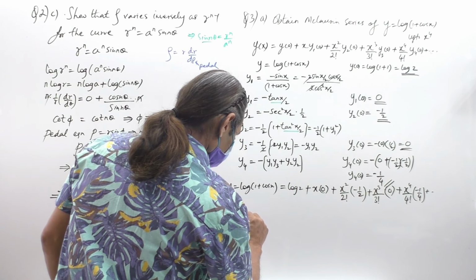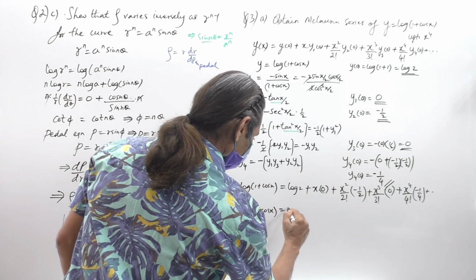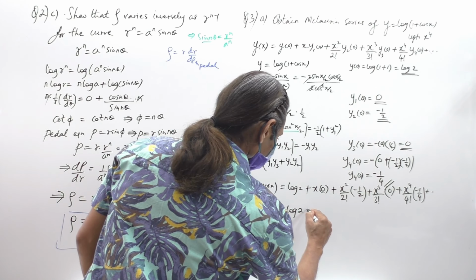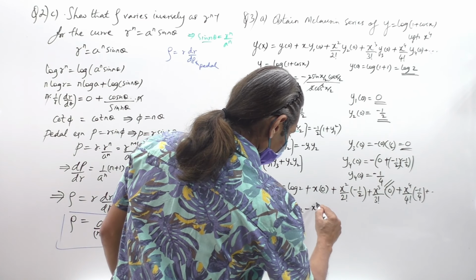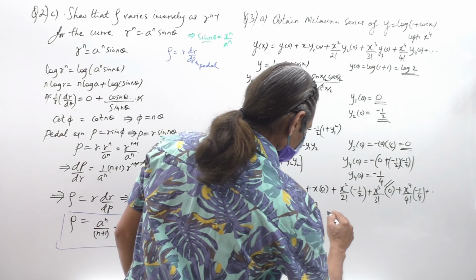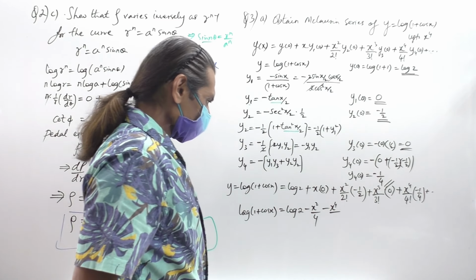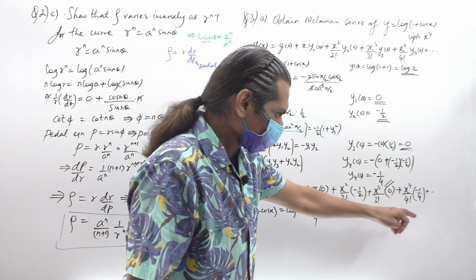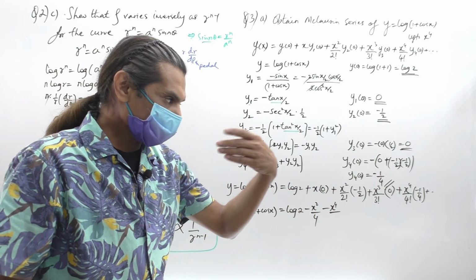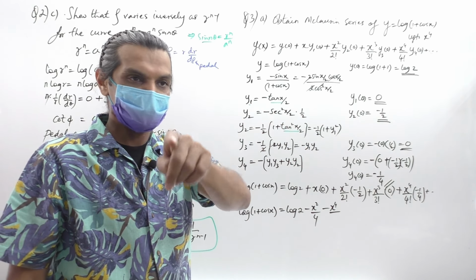So log of 1 plus cos x is equal to log 2. Here 2 factorial is 2, minus x square by 4, and lastly minus x raised to 4 by, 4 factorial is how much? 24. 24 into 4 is 96.